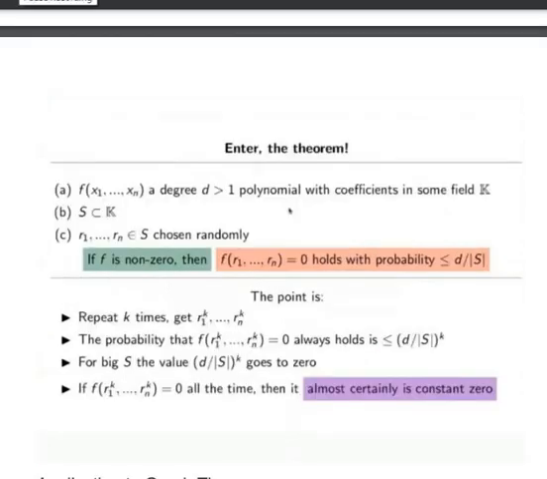Let's have a look at the statement of the theorem. You have a polynomial of a certain degree. Let's say it's not a constant polynomial, with coefficients in some field. The field doesn't matter at all.